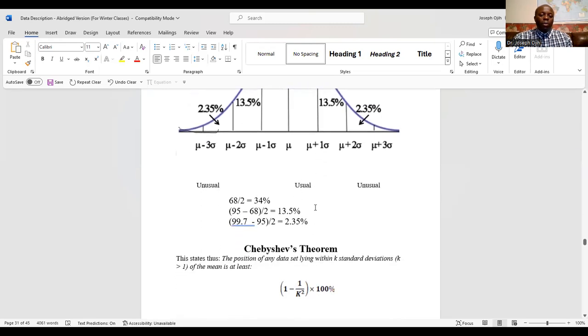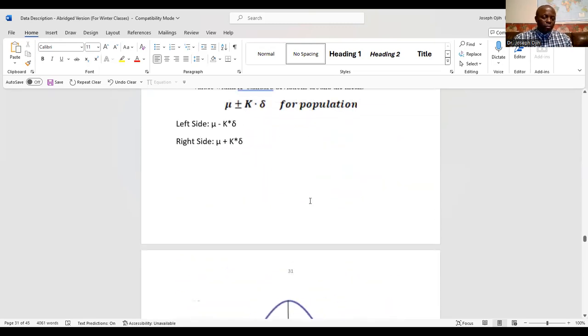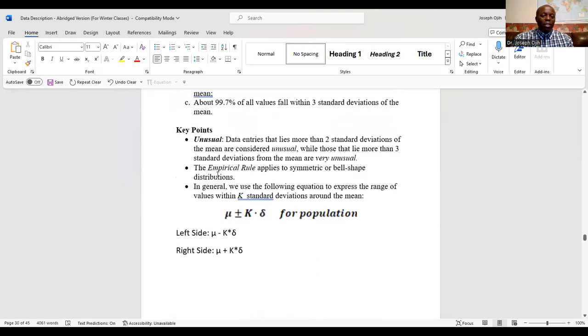Now, another thing I want to show you about the empirical rule is this. Let's look at unusual values. Data entries that lie more than 2 standard deviations from the mean are considered unusual. I'll give you an example. We know that we have a normal blood glucose level. There is a value that is considered normal. If it is higher than that value, that means you are diabetic.